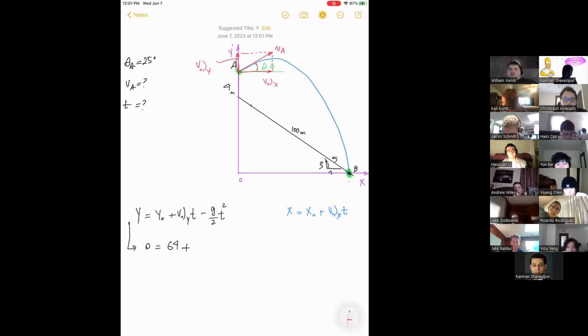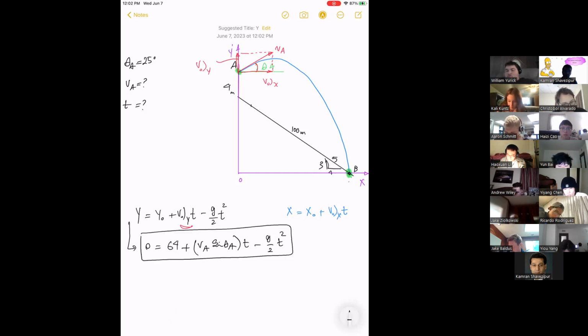And this angle is theta A, which is 25. I'm just going to keep theta A. So this is going to be V0, which is VA sine theta A times T minus G by 2 T squared, right? This is one equation, correct?